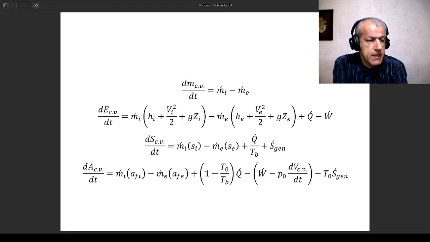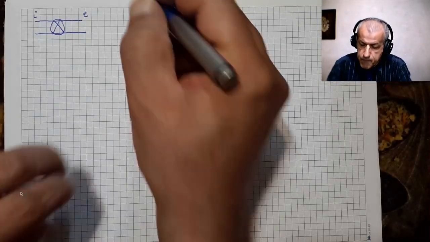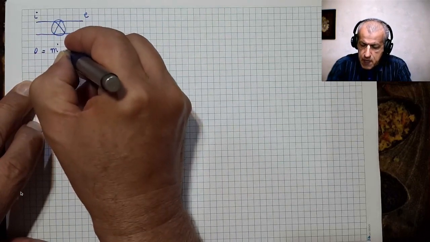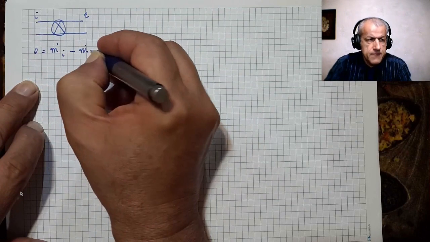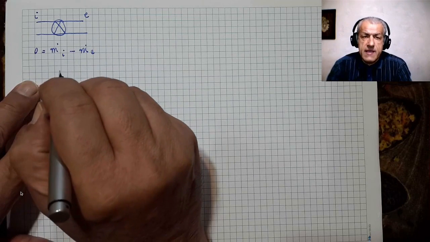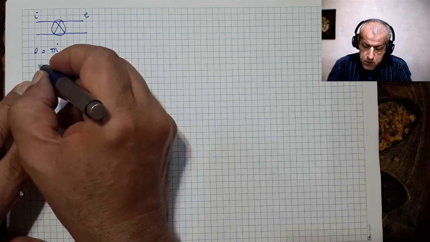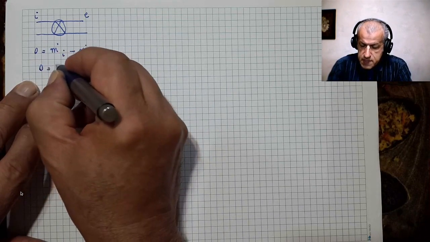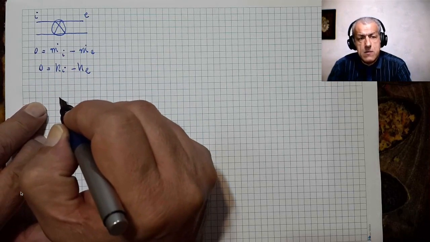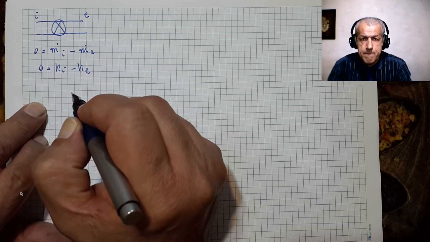And therefore, the two equations that we usually use are 0 equals m dot I minus m dot E, and then you conclude that the inlet mass and the exit mass are equal, and the second equation is 0 equals H_I minus H_E, and with that we conclude that the inlet and exit enthalpies are the same.